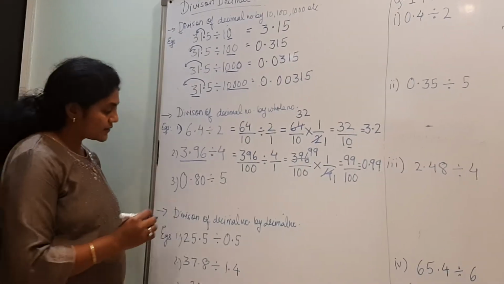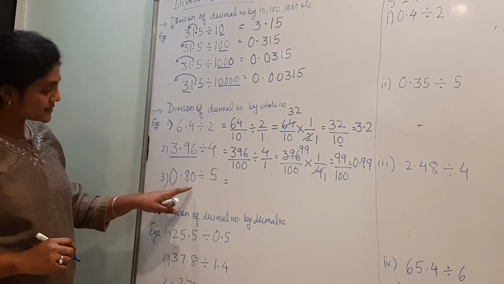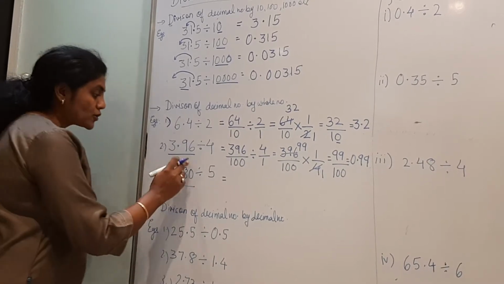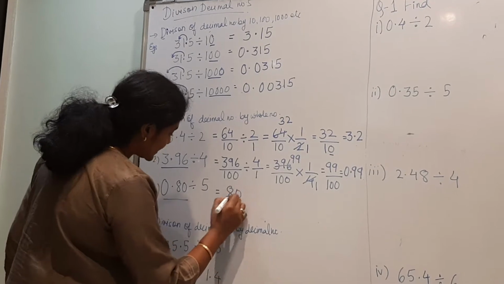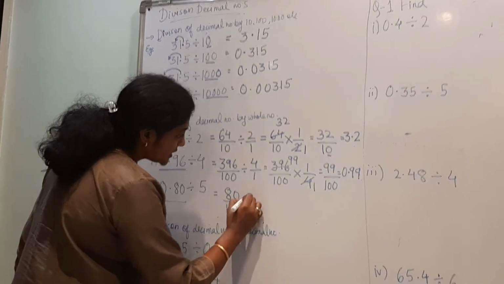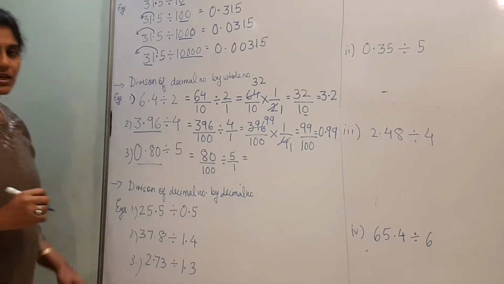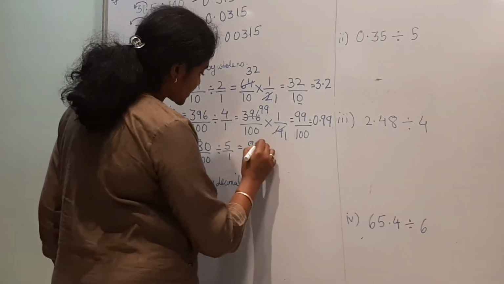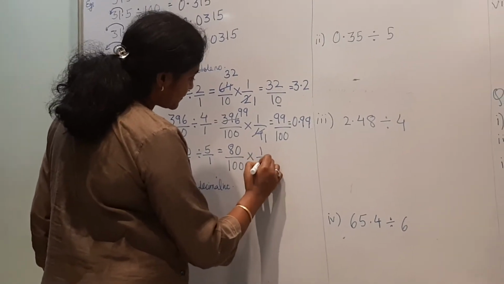So this will be 0.99. So second one, 0.80 divided by 5. In 0.80, the point is placed before two digits, so you can write it as 80 by 100 divided by 5. Again, concept of division. The first fraction will remain as it is, multiplied by 1 by 5.